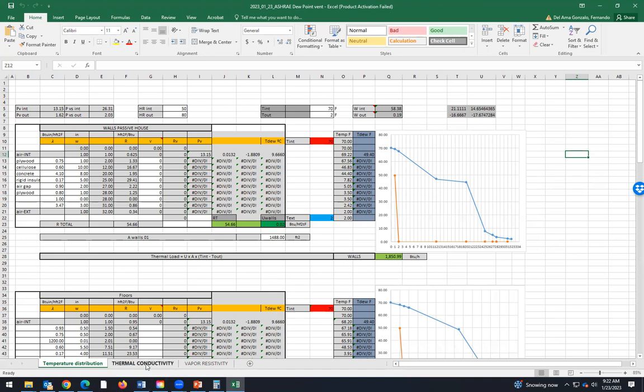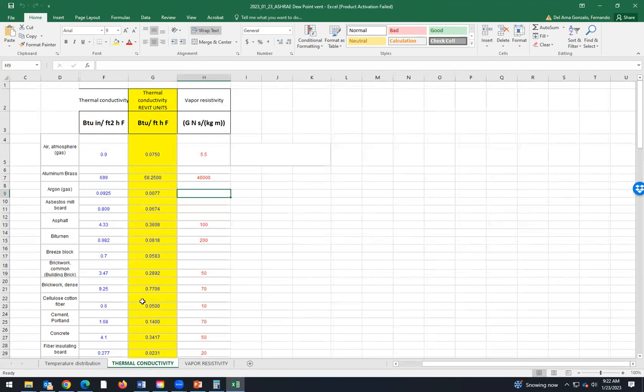And here in thermal conductivity, in this tab, we have the thermal conductivity of materials: air, asphalt, brick, concrete. And we have these units, BTU inch divided by feet square, hour, Fahrenheit, or we have BTU divided by feet, hour, Fahrenheit.